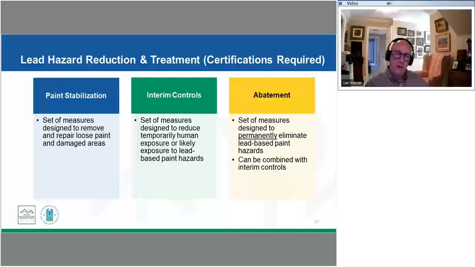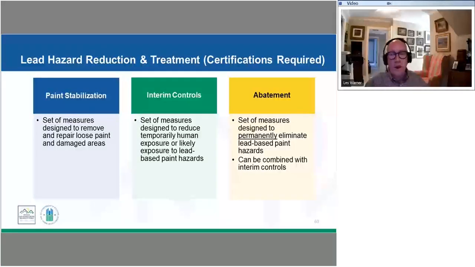The next level up is going to be interim controls, a set of measures that are going to temporarily reduce the potential harm from these hazards. We might be doing some kind of treatment that would include things like repair painting, maybe temporary containment of some kind, and then of course cleaning and clearance testing as part of that.